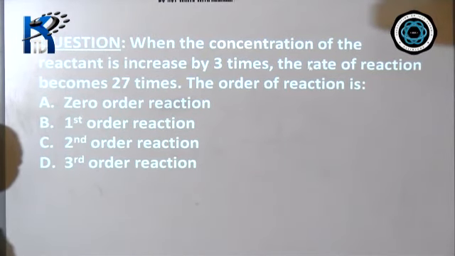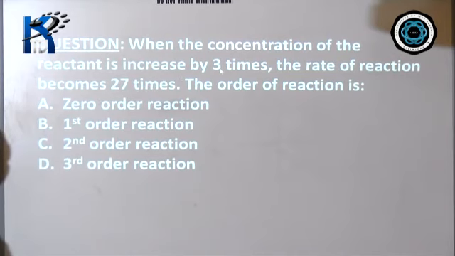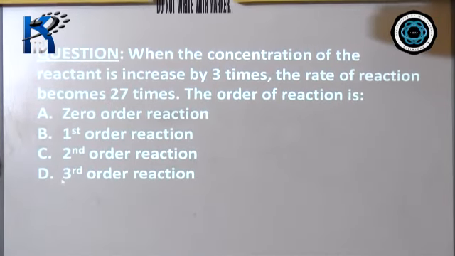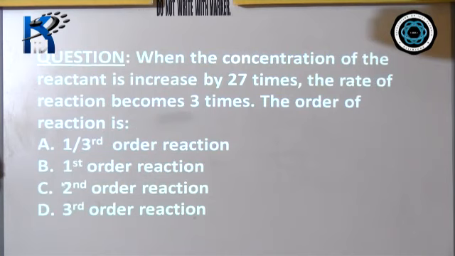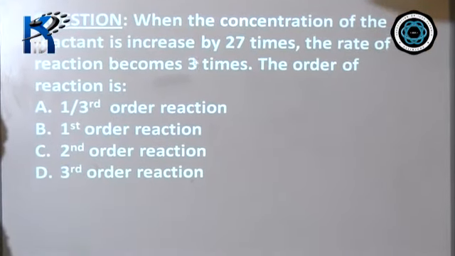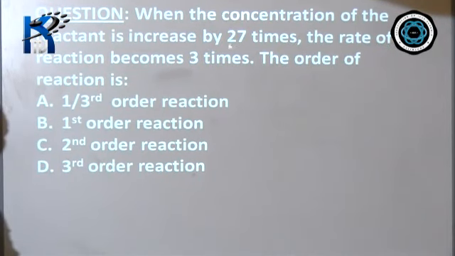If the rate of reaction is more as compared to the increase in the concentration of the reactant, then the order will be a whole number, and the answer for this is third order. Whereas if the rate of reaction is less as compared to the increase in the concentration of the reactant, then the order will be a fraction. So the answer for this is 1/3.